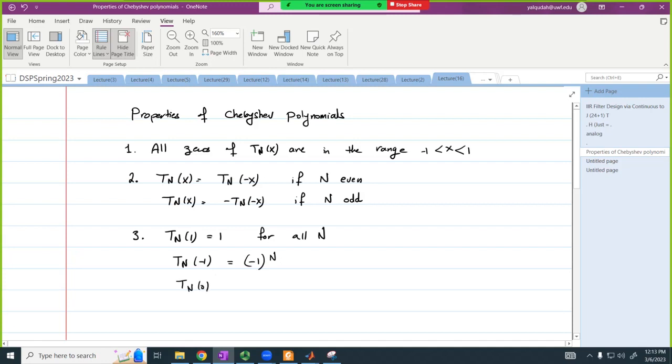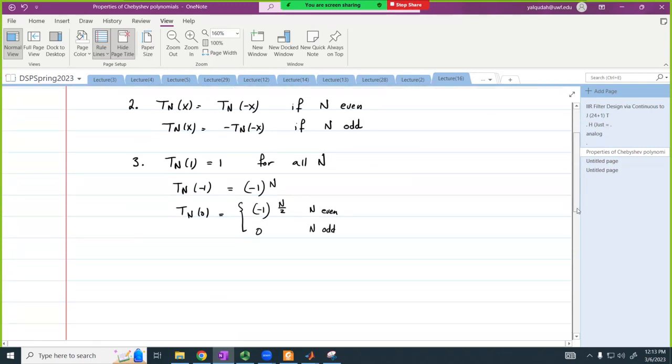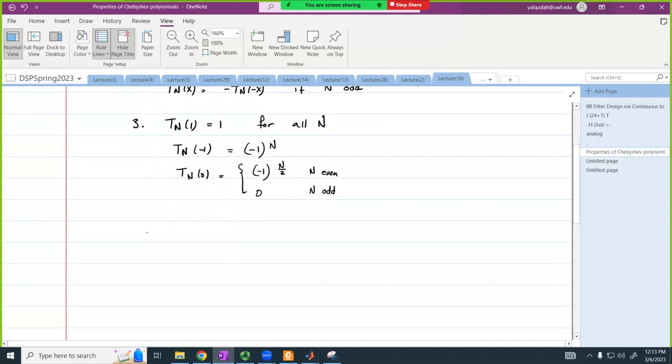Tn of 0 is equal to -1 to the power of n over 2 when n is even, and 0 when n is odd. And finally, for x between -1 and 1, Tn of x is going to be between -1 and 1.